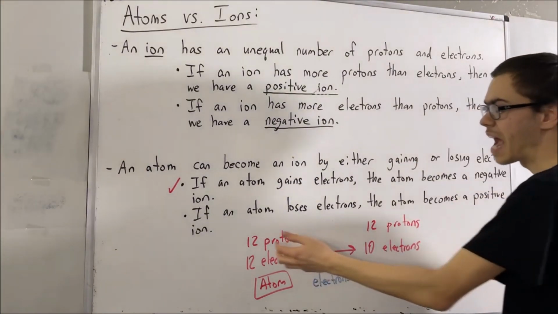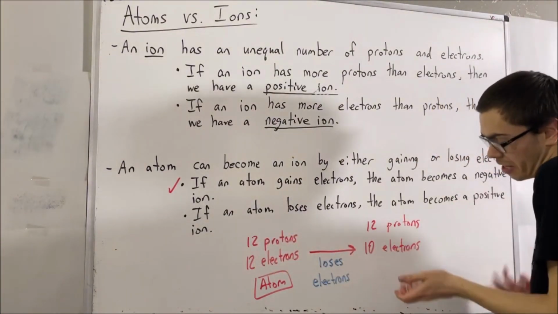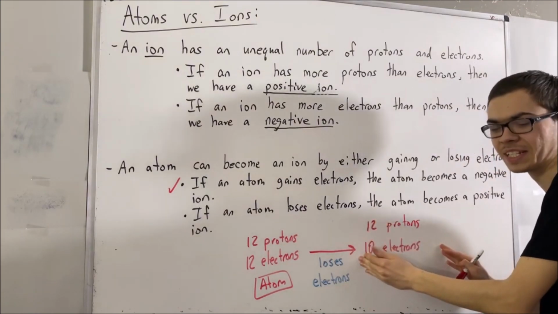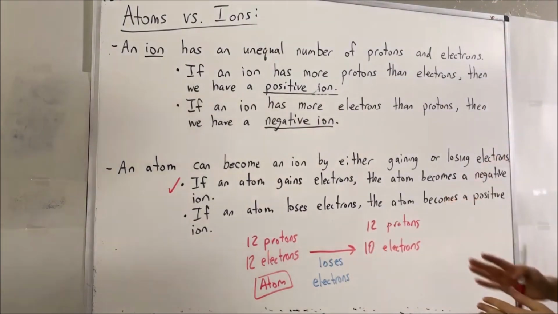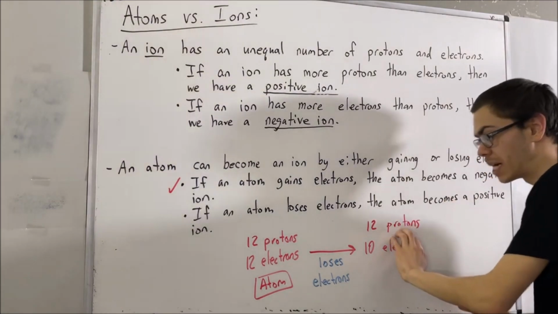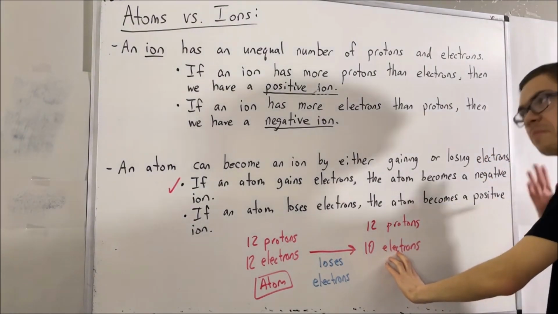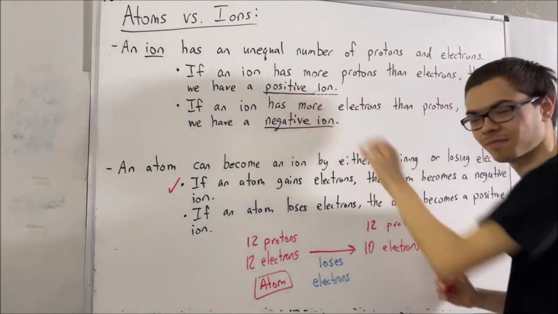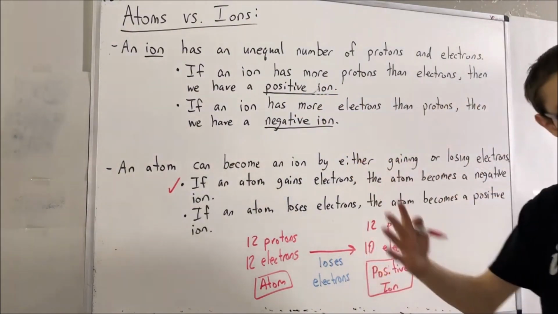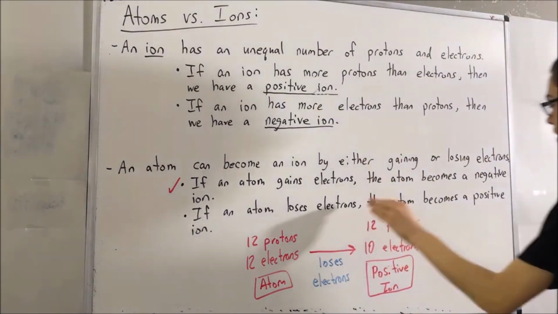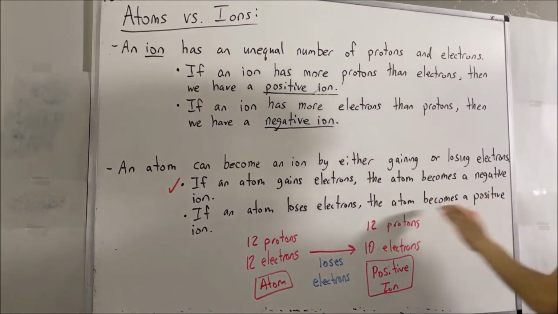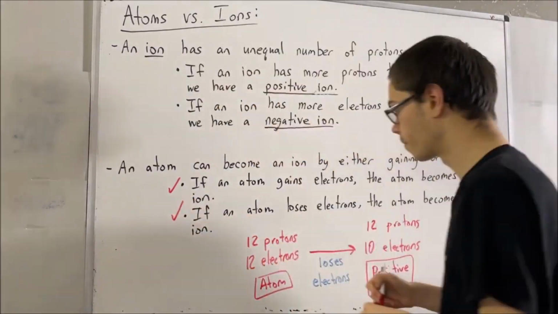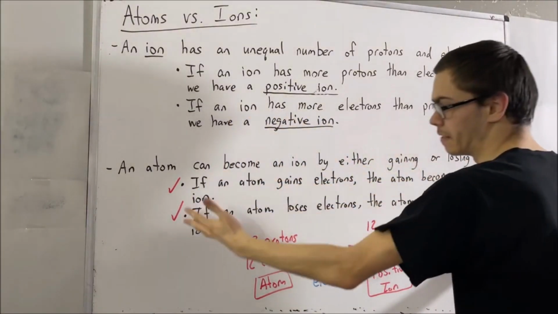So notice, after losing electrons, again, we have an unequal number of protons and electrons. More specifically, we have more protons than electrons. But when we have more protons than electrons, that means we have a positive ion. And so this explains why if we lose electrons, then our atom becomes a positive ion. And so yeah, that's pretty much the idea of this.